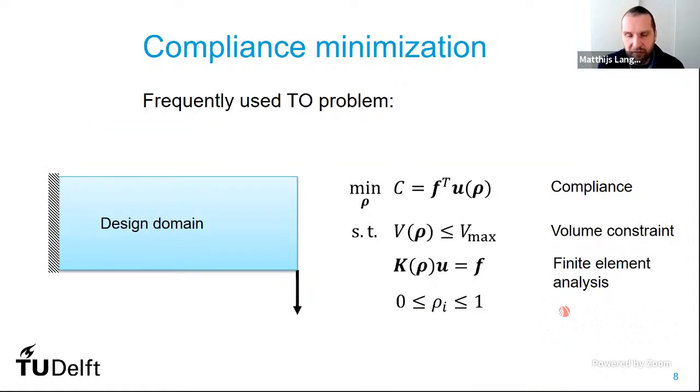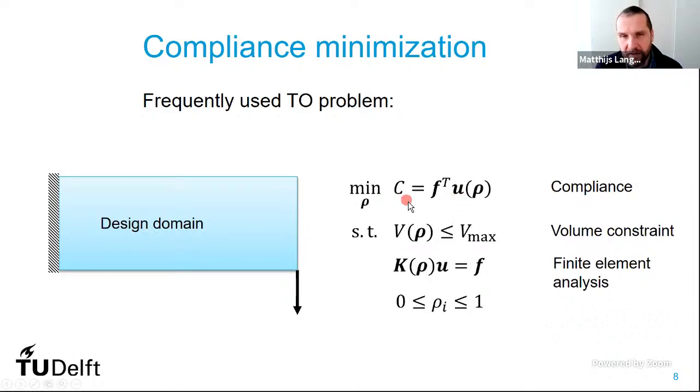Okay, then a final introductory slide about topology optimization. Also in this talk, I will limit myself to a particular type of design problem that's very often studied in topology optimization, also an important problem in practice, and that is so-called compliance minimization, where we have a certain mechanical problem where we again want to devise an optimal structure with minimum compliance.